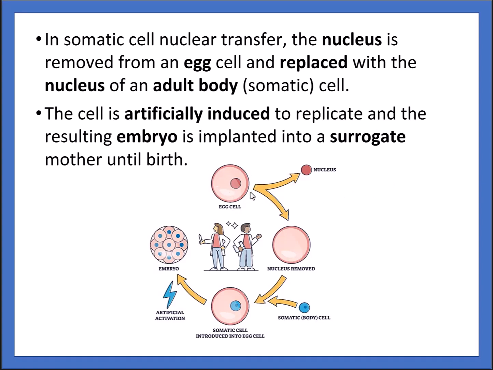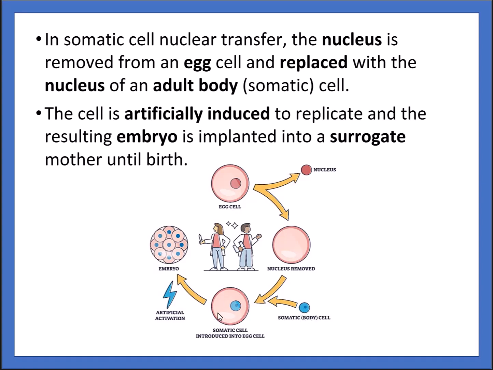We have a typical egg cell from any female organism with a nucleus. If we eliminate the nucleus of the egg cell, it's basically a blank egg cell with organelles but no genes. If a somatic or body cell nucleus is inserted into that egg cell, the difference is that the egg cell started, let's say we're discussing humans, with a haploid number of 23 chromosomes, and the somatic cell nucleus has 46 chromosomes.